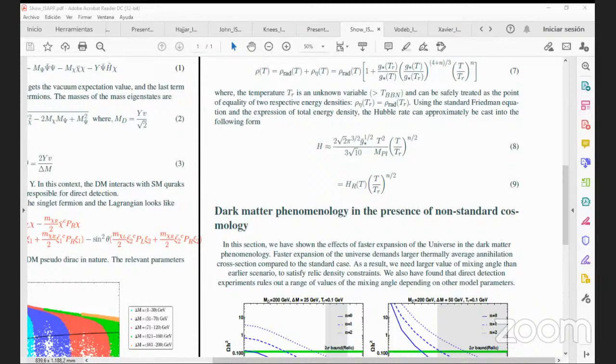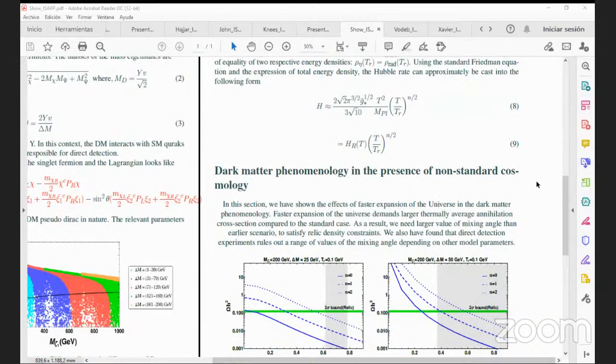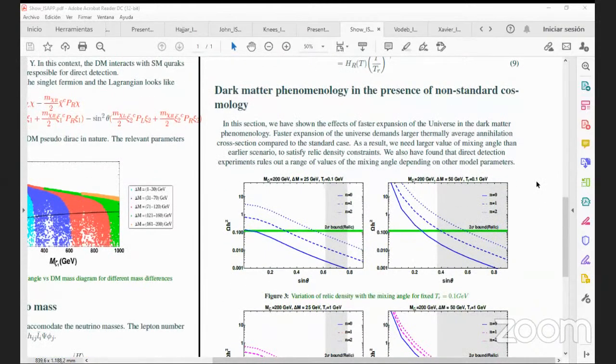T_R is the reference temperature at which the energy density of eta equals the energy density of the radiation, and after this temperature the universe enters the radiation dominated era. Now in the last section we have studied the effect of this modified cosmology on our dark matter phenomenology.